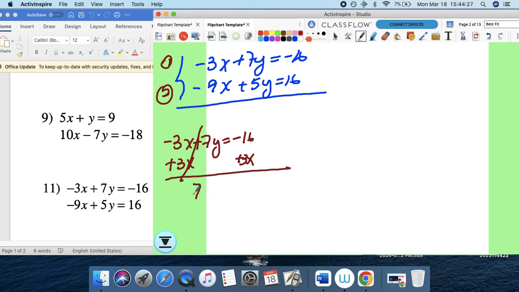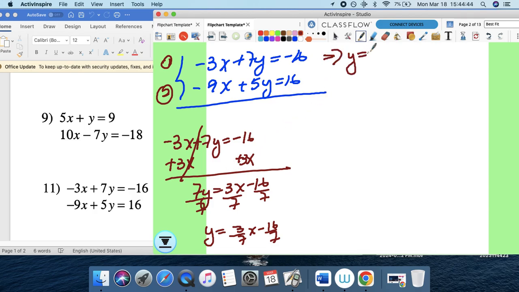That goes away. I'm left with 7y equals 3x minus 16. Divide both sides by 7. So I get y equals 3 over 7x minus 16 over 7.